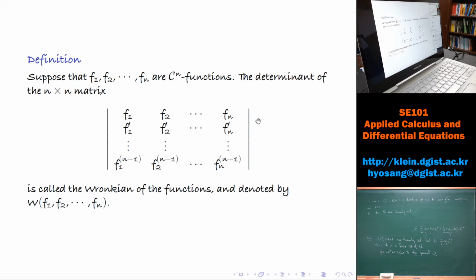So we have an n by n matrix. We can take the determinant of the square matrix. I will explain what the determinant is in the next slide. The determinant is called the Wronskian of the functions, and it is denoted by W(f1, ..., fn), okay?